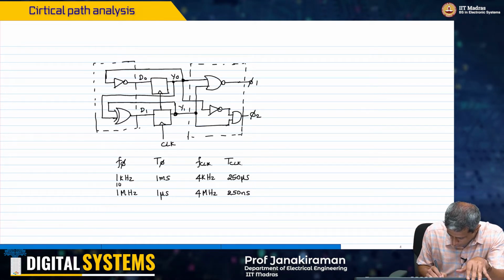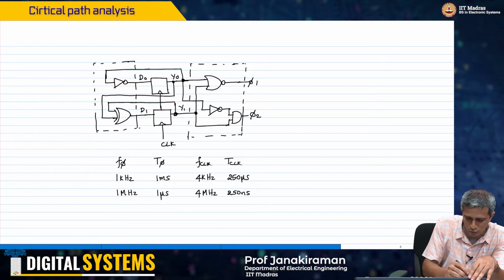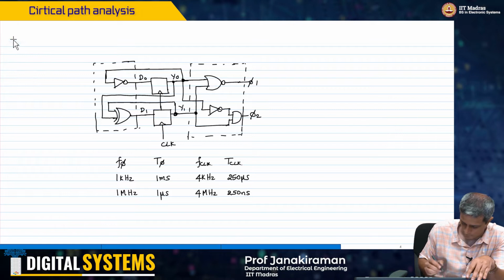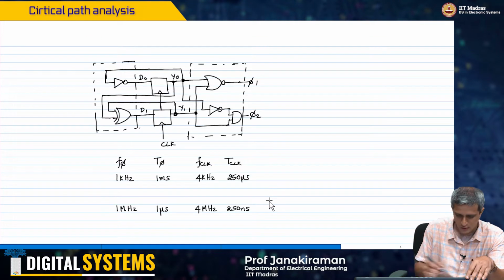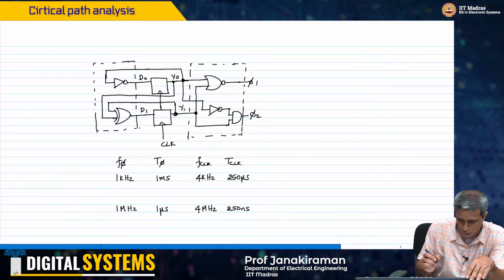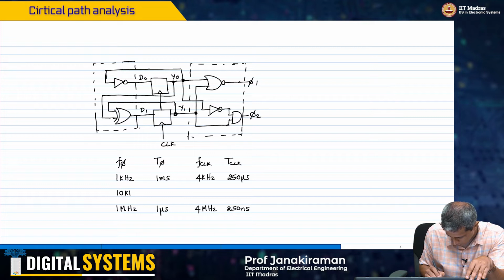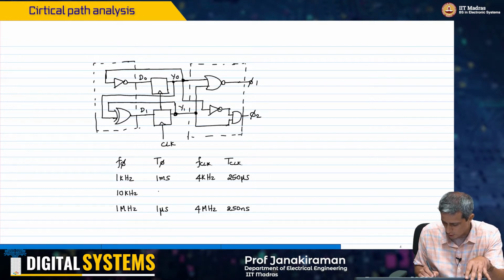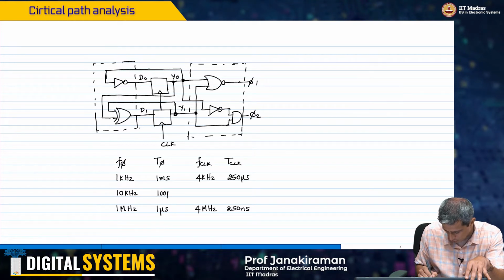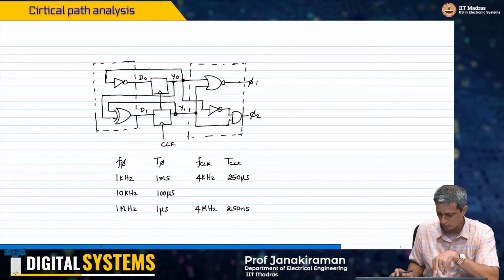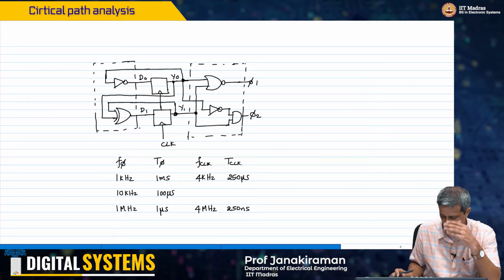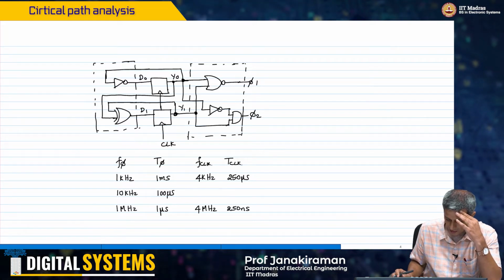Now in between I could also add one more number. Let's say I wanted to do 10 kilohertz. So 10 kilohertz is going to be 1 by 10th of a millisecond, 100 microseconds.